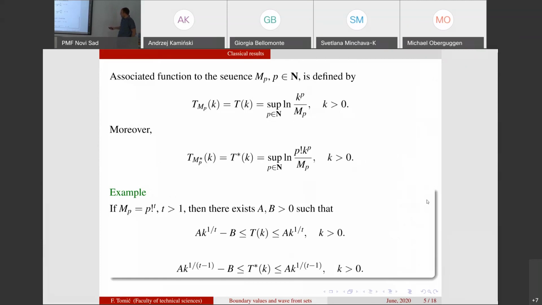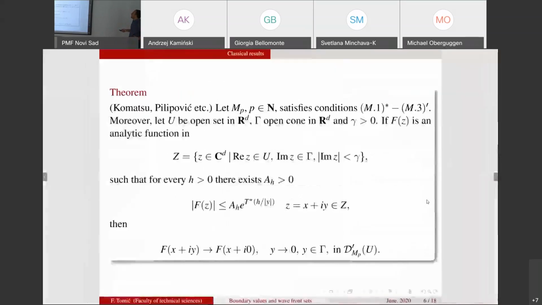How can we estimate these functions if we have the Gevrey sequence again? Then this is just k to the power of 1 over t, and here we have t minus 1 if we have the star. This is well known from the Gevrey sequences.